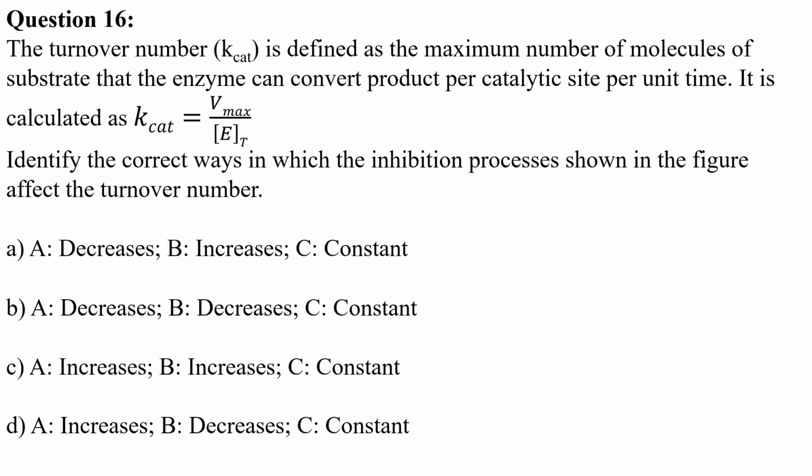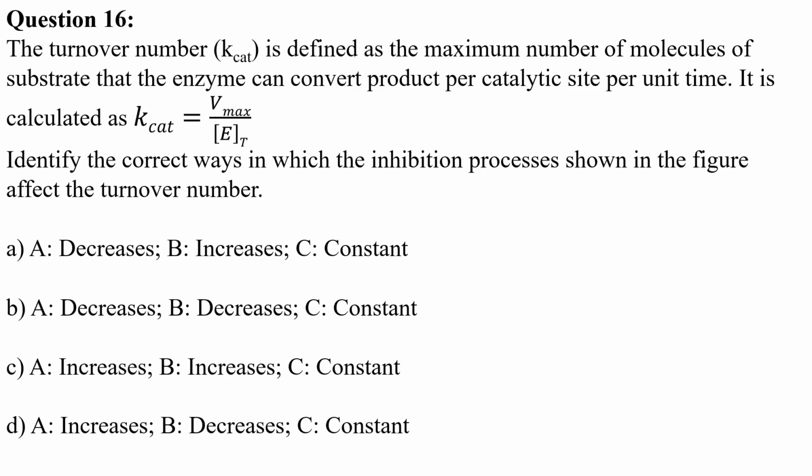Question number 16. The turnover number is defined as the maximum number of molecules of substrate that the enzyme can convert into product per catalytic site per unit time. In the last class also we had discussed Kcat.